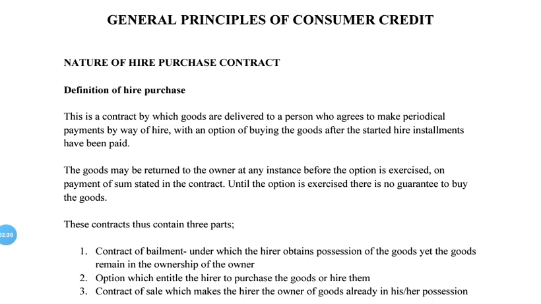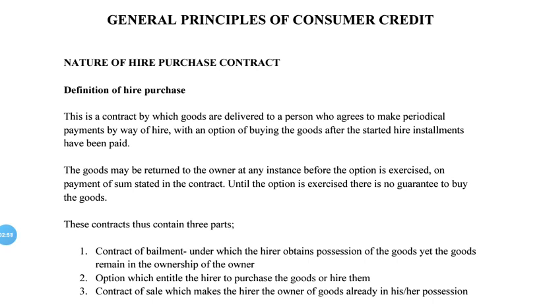If you want to exercise that option, you continue paying the monthly installment, and what the buyer gets is the possession of the item. You get the possession of the item, but the ownership or the title of the item remains with the seller.